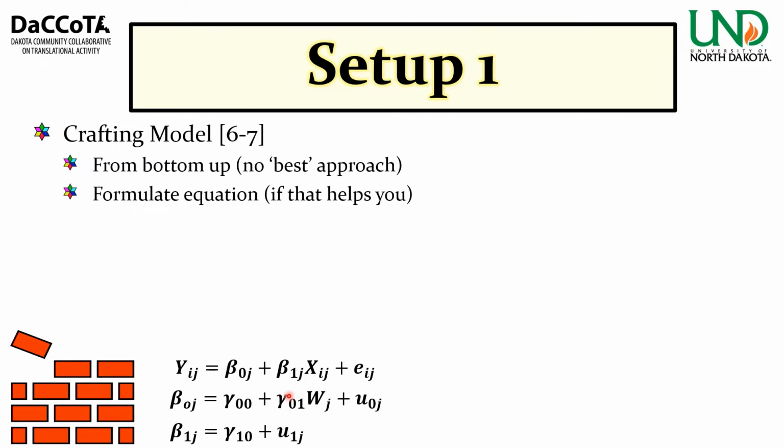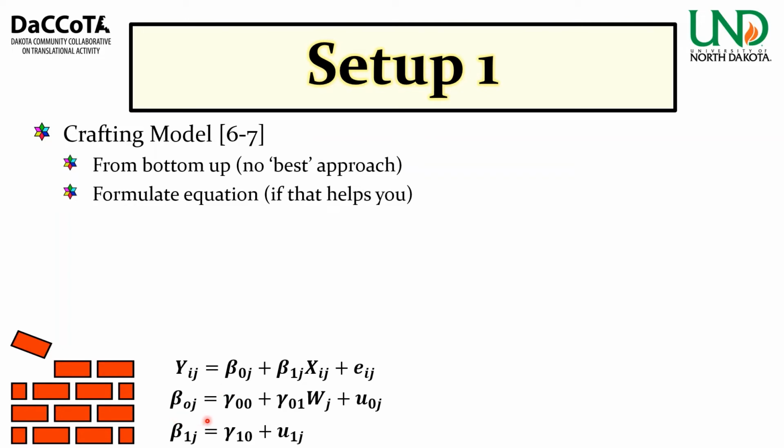And then eij is the random error prediction for the level 1 equation. Other than all the j stuff, you really just have a level 1 model if you take out the j, and that'd be the only equation you use. But for 2 levels, we have 2 additional equations to explain the betas.